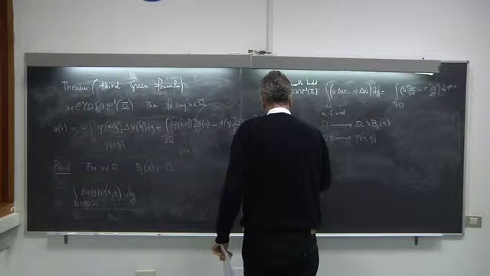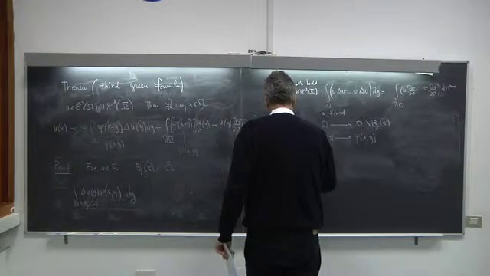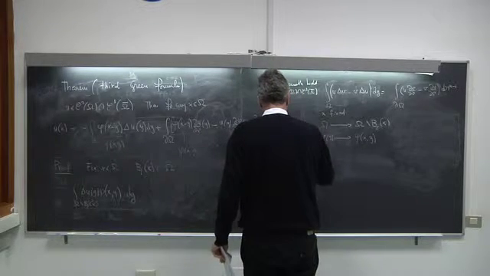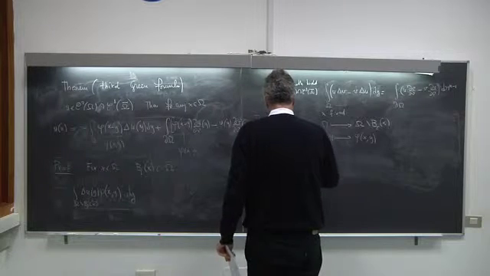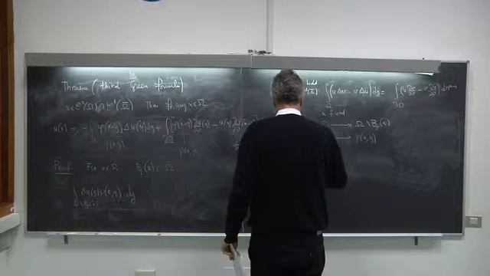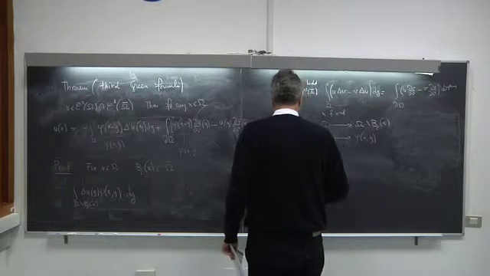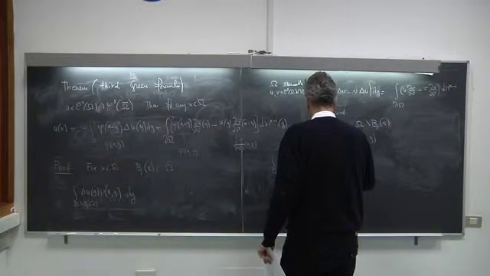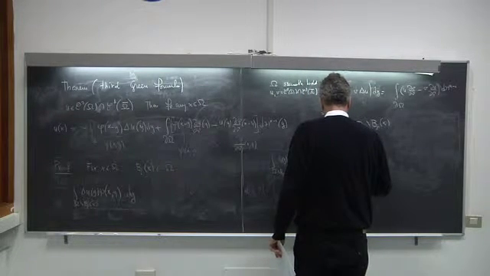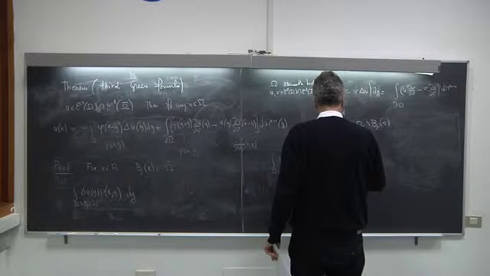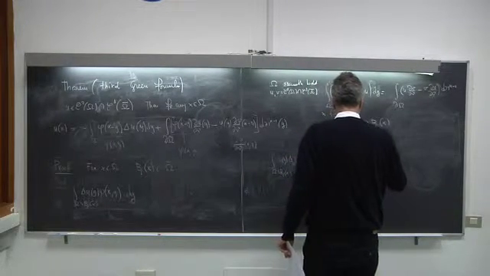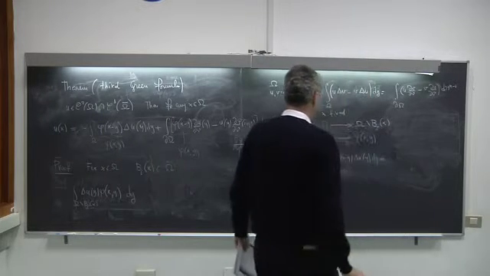Integral over omega minus B epsilon x of u of y Laplace, with respect to y, of phi x y dy, minus integral over B epsilon x is equal to what?